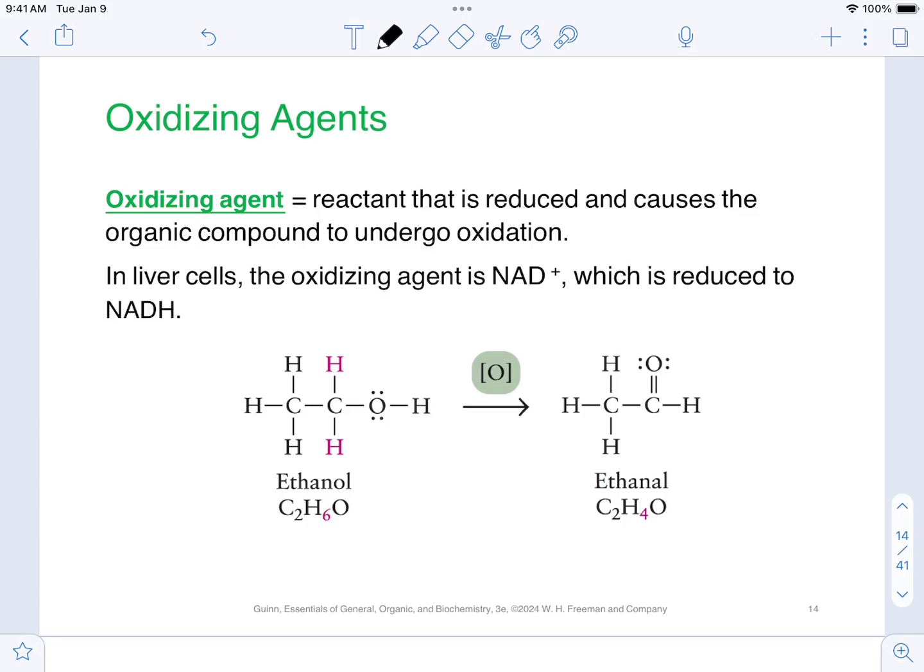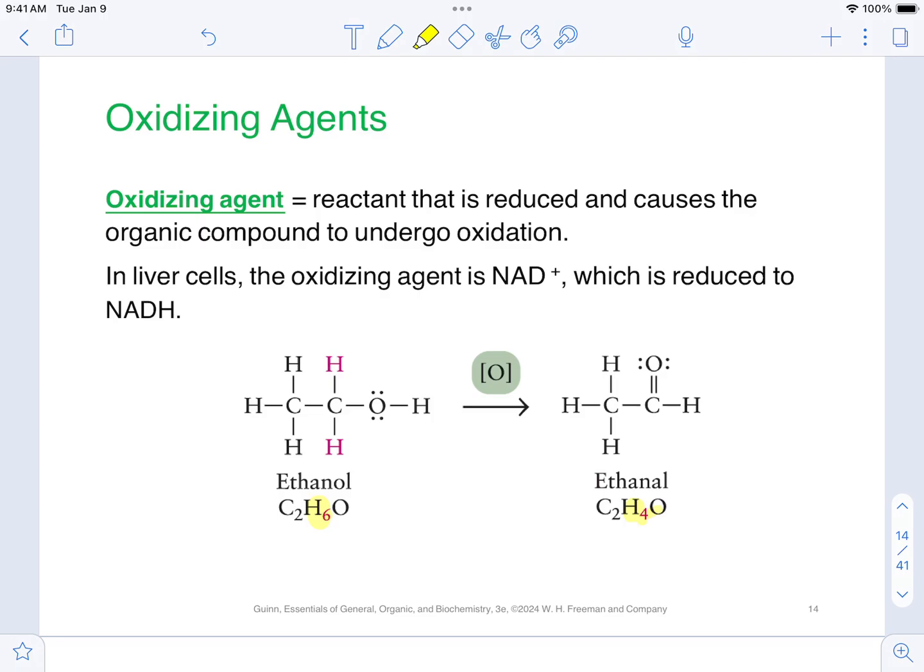An oxidizing agent is a reactant that is reduced, and it causes the organic compound to undergo oxidation. Here's an example where you will see ethanol being oxidized to ethanal. If you look at your H's here, you have 6 H's in ethanol, and in ethanal you have 4 H's.